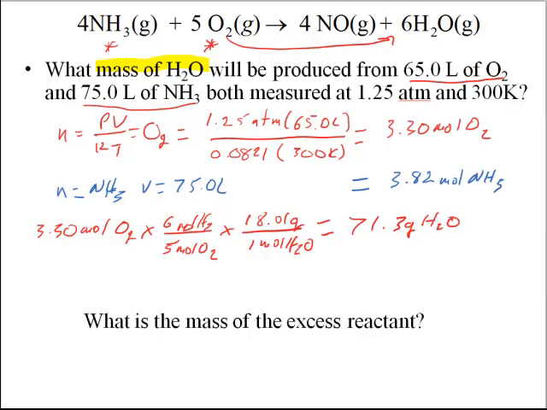Now let's see how much the ammonia would make if that was my limiting reactant. So I'll take my 3.82 moles. And in this equation, for every 4 moles of NH3, we get 6 moles of H2O.